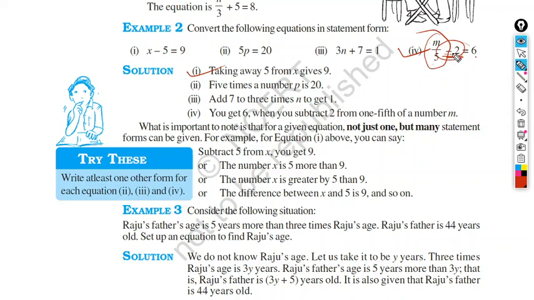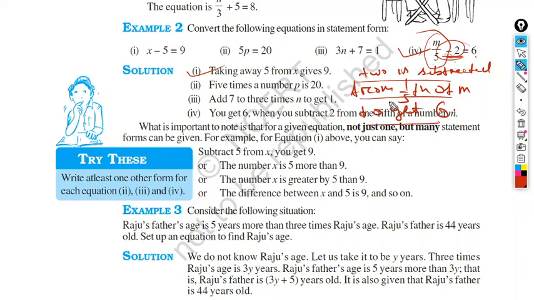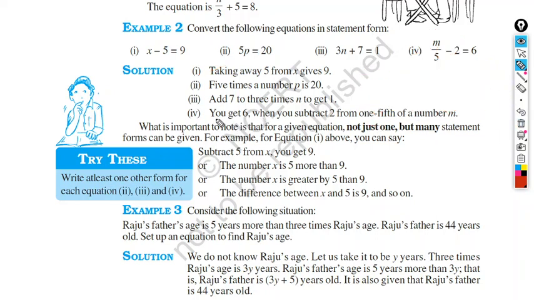So you can write: 2 is subtracted from 1 by 5th of m to get 6. In other words, the book has written: you get 6 when you subtract 2 from 1/5 of a number m. Same thing. There are several ways you can write this.